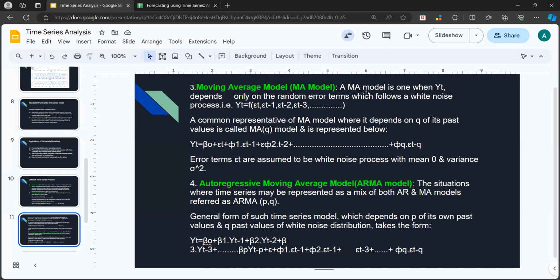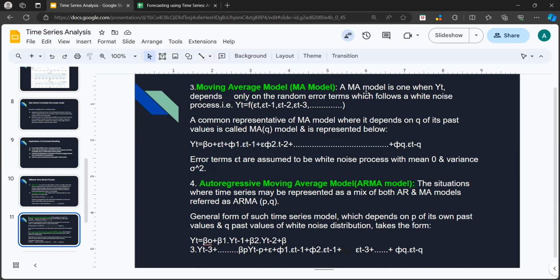If we say a model is an MA(q) model, it means Y_t depends on q error terms, and you can represent it as Y_t is beta naught plus epsilon_t plus phi 1 epsilon_{t-1} plus phi 2 epsilon_{t-2} plus phi 3 epsilon_{t-3} up to order q.